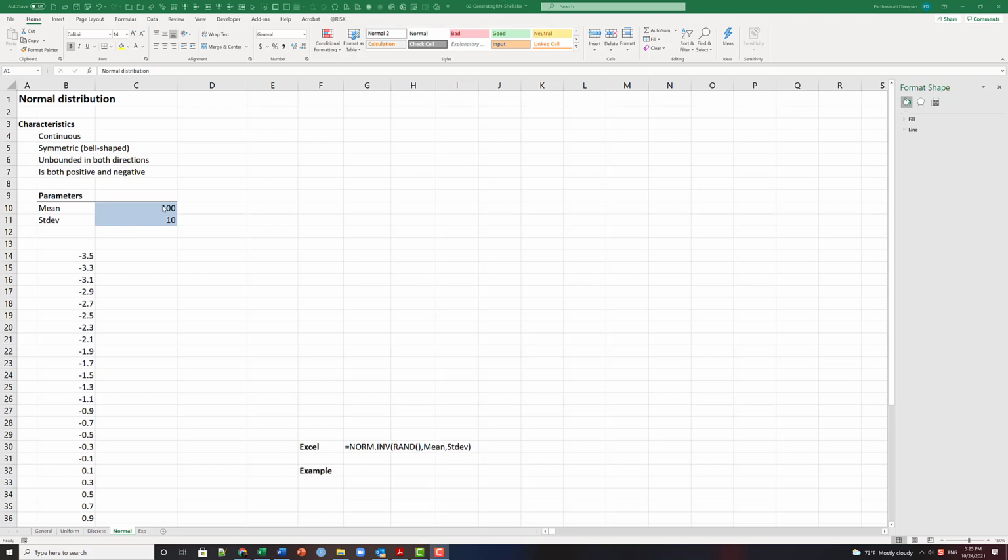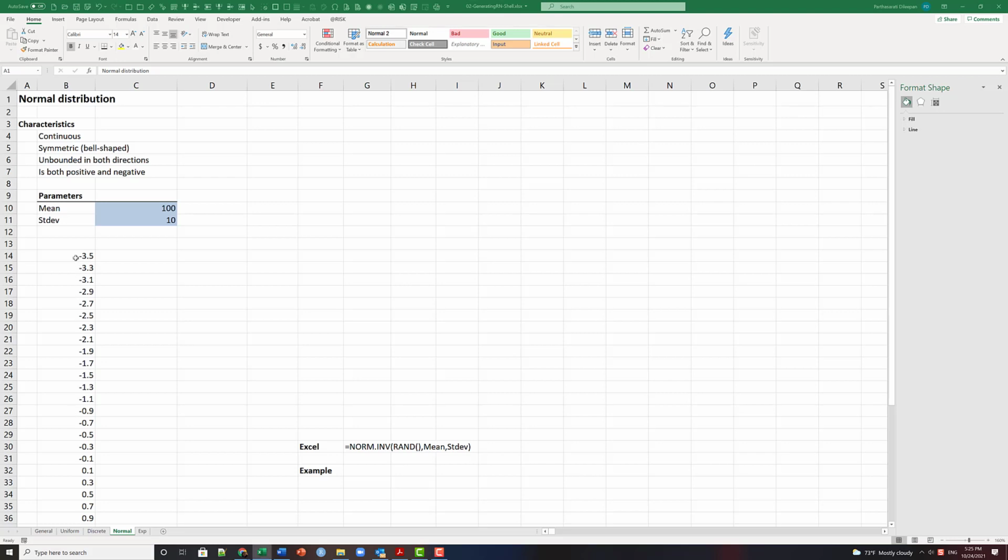Okay. So now let's look at a particular normal distribution. Let's say that this is a normal distribution with mean of 100 and standard deviation of 10. Now again, in order to understand how this works, we're going to look at various points on the x-axis and compute the cumulative probability.